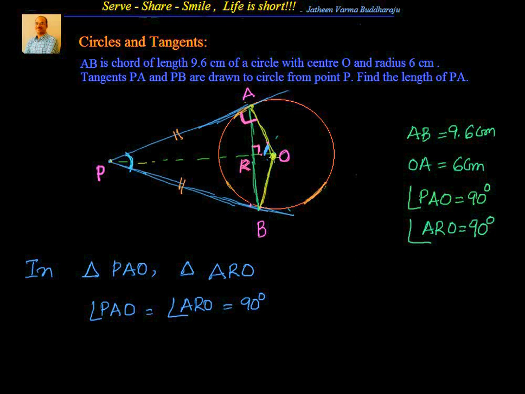You know that the angle here will always be 90 degrees, because the chord will be bisected. So we know that this angle is 90 degrees and also this chord is bisected. That gives us another information. We know AR equal to RB is equal to 9.6 by 2. That's equal to 4.8 centimeter.